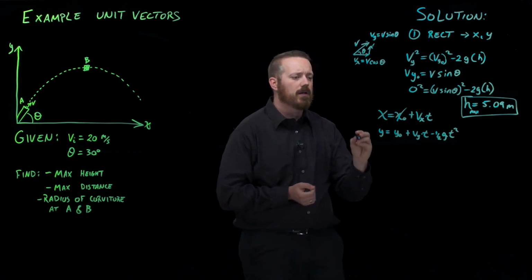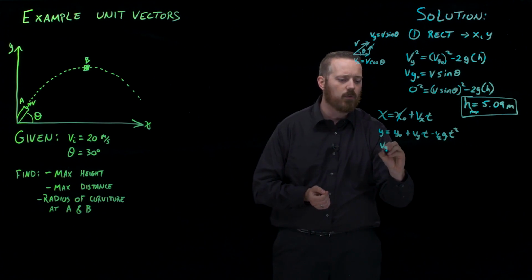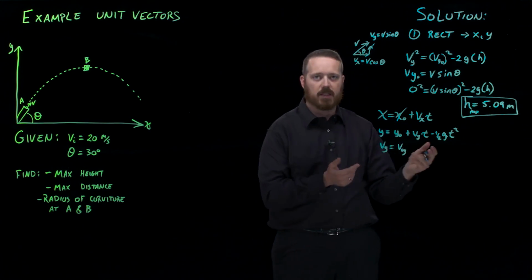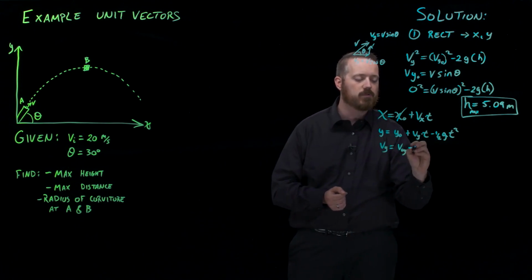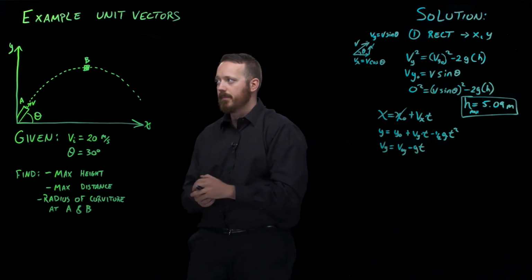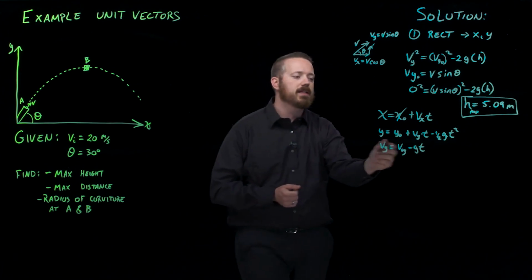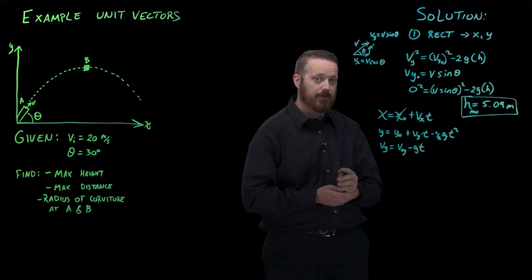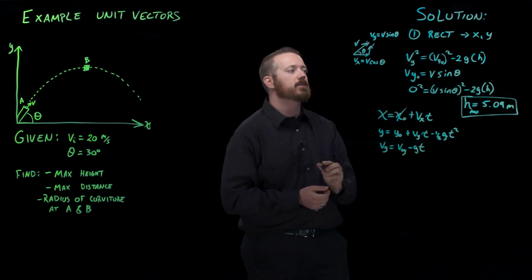We could also say that the velocity of y is whatever the initial velocity was in y plus the acceleration component, which in this case will be minus g times t. So this one is much easier to allow us to calculate what that initial time should be. So let's do it in this way.